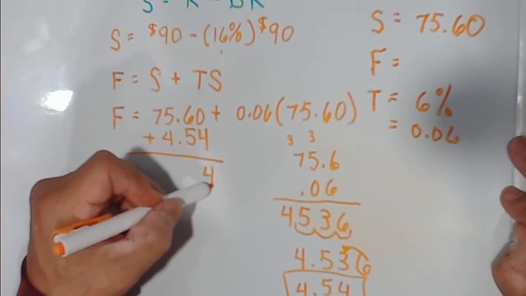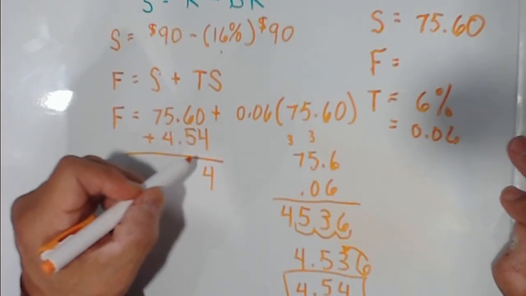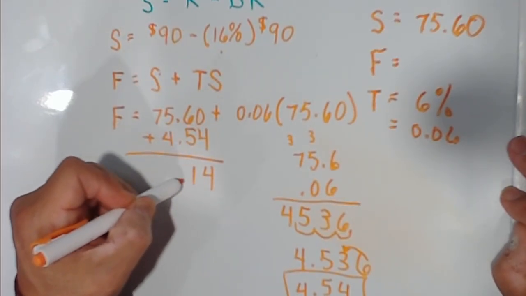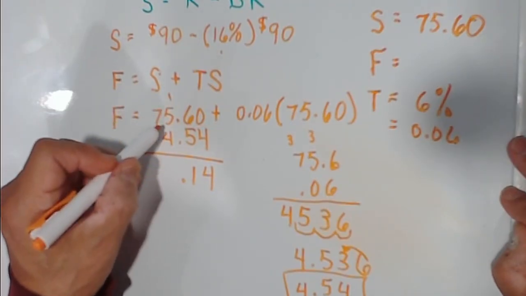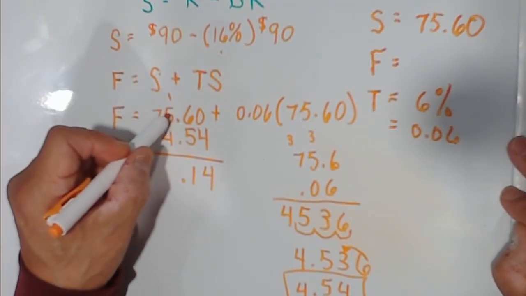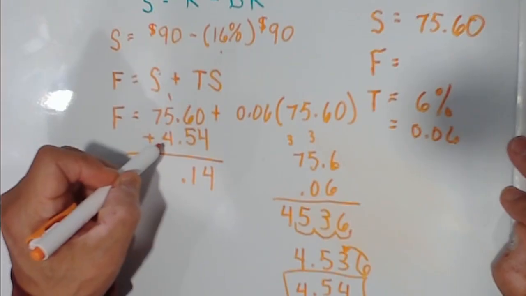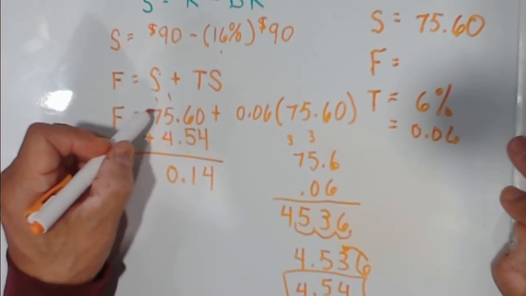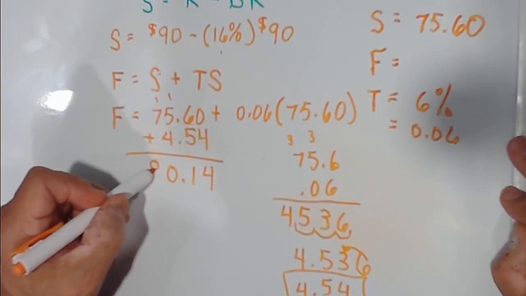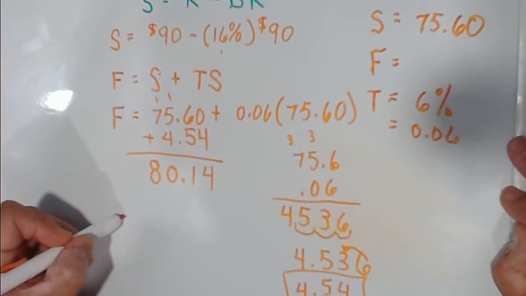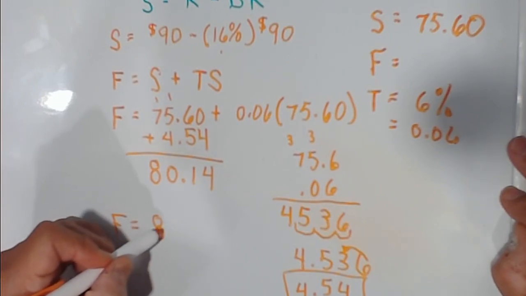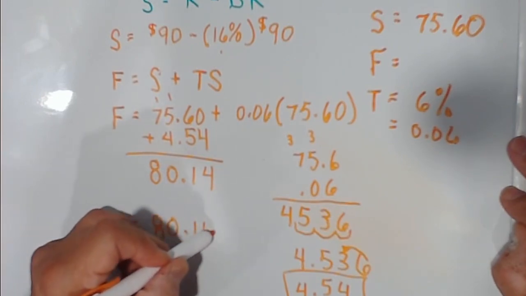4 plus 0 is 4. 6 and 5 is 11, so I put the 1 down and carry the 1. That's 5, 6. 6 plus 4 gives me 10, so I put a 0 there and carry the 1. That gives me $80.14. So our final cost is $80.14.